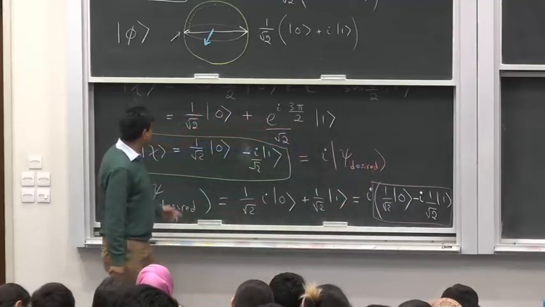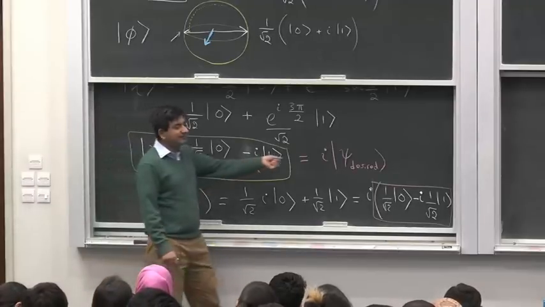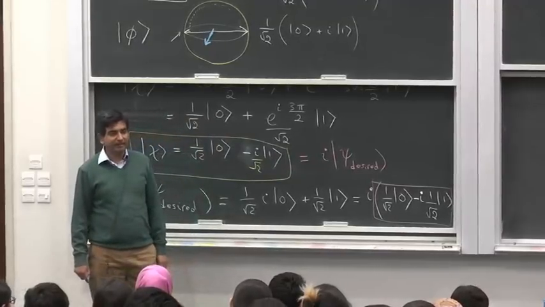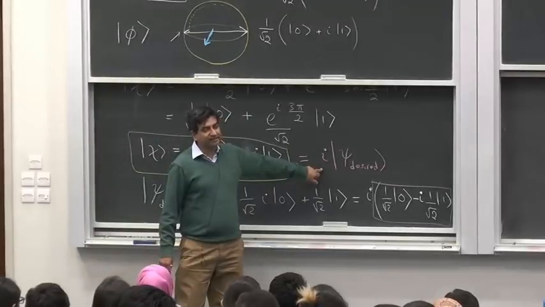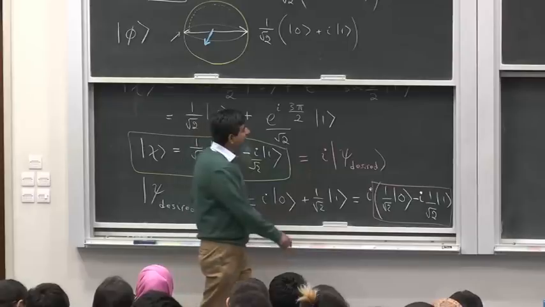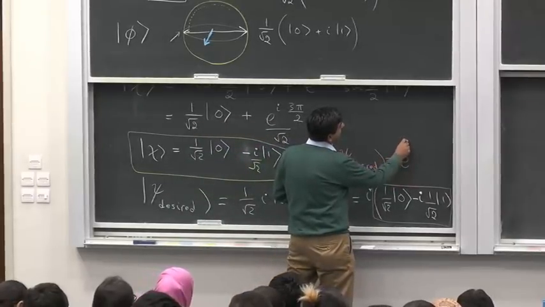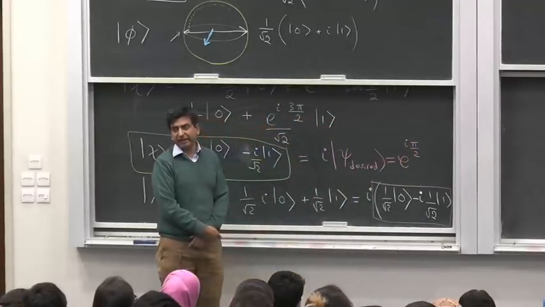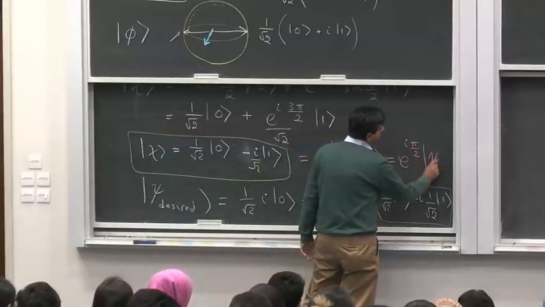So the question is, I would like to argue whether chi is the same as iota times the desired state. It doesn't look like the same because there's an additional factor of iota that is coming up. Alright? Now I would like to write this iota as e^(iπ/2), times psi desired.